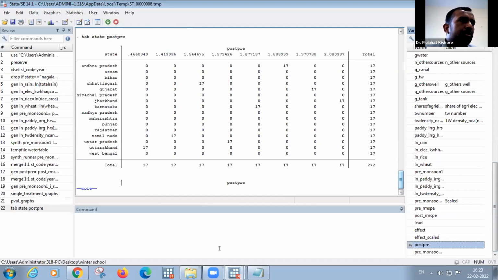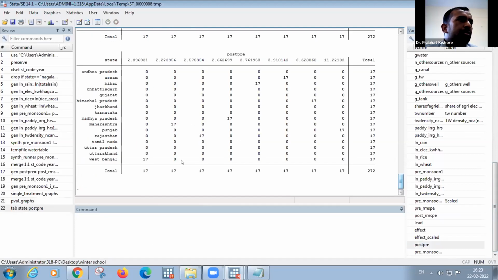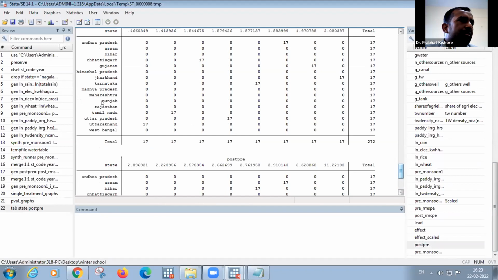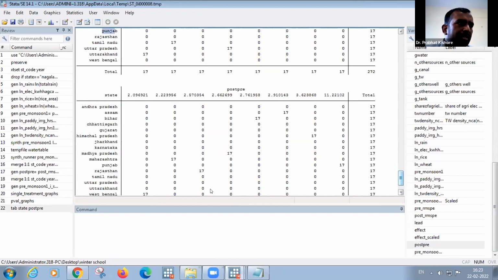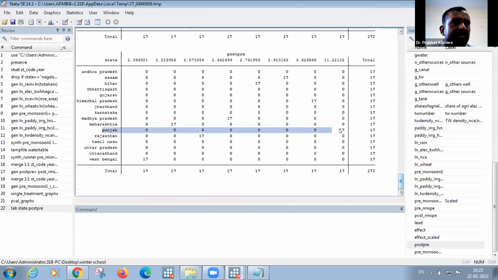Let's see here. We are very much interested in Punjab. If you see, the highest value is 11.2 or so. Punjab has got the post and pre ratio that is much higher than the second one, which is Himachal Pradesh.